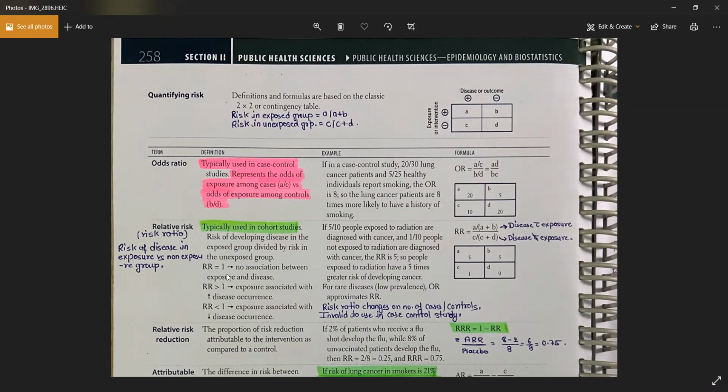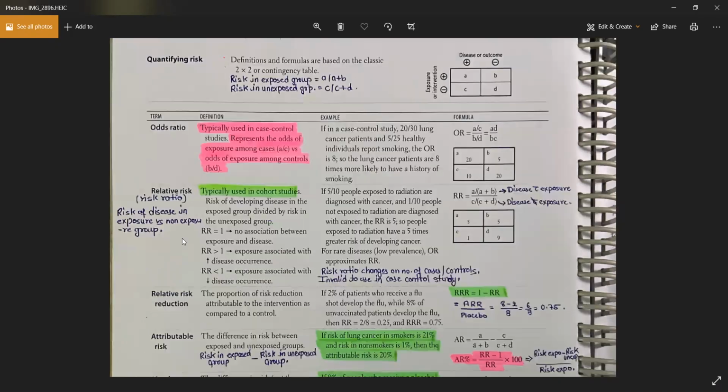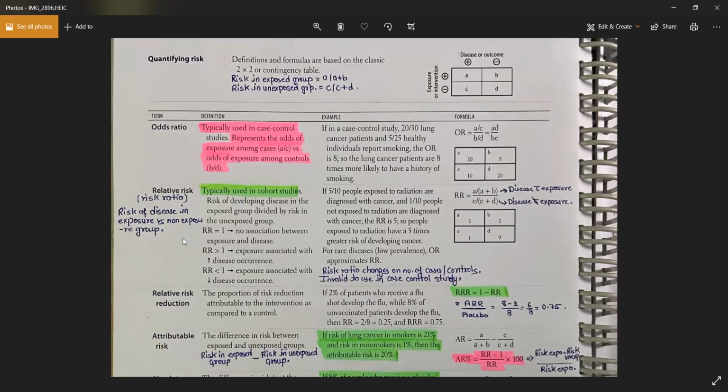Okay, is the relative risk clear for you guys? Is it clear? Yes. Okay, and where would you use the relative risk? It is always used in cohort studies. Very important. It is typically used in cohort studies, because in cohort studies you first identify the individuals with the exposure status, and then you follow the individuals for the disease outcome, right?